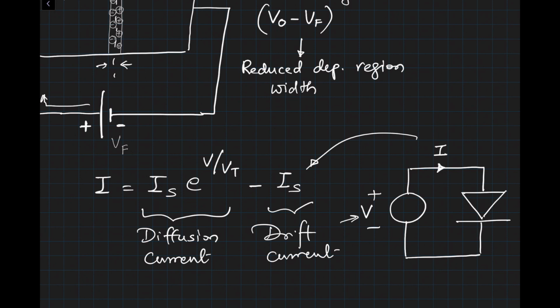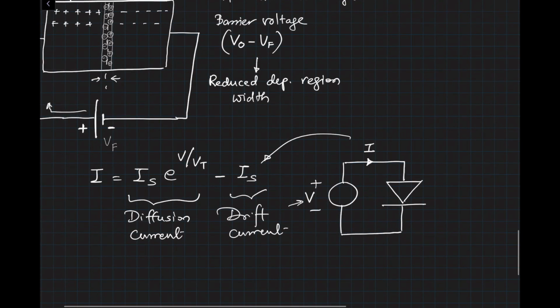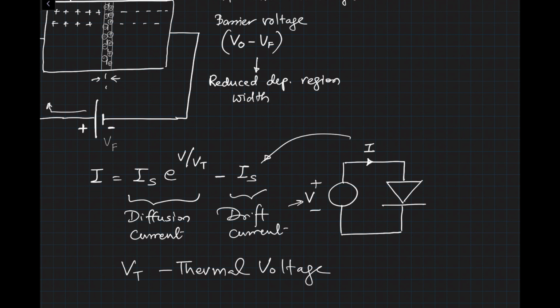Okay, so let's see how this equation really fits into all the things that we have learned so far about the diode. Before that, let me explain: Vt is called thermal voltage, and it's given by kT over q, k being the Boltzmann constant, T being the temperature in degrees Kelvin, and q is the charge, Coulomb.